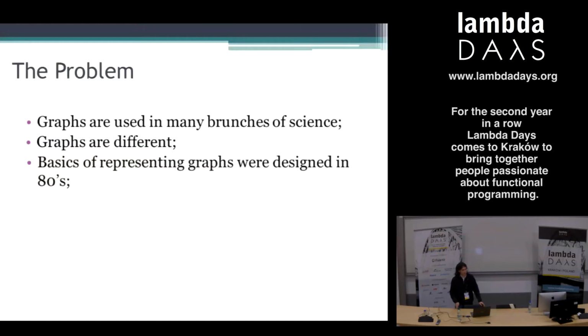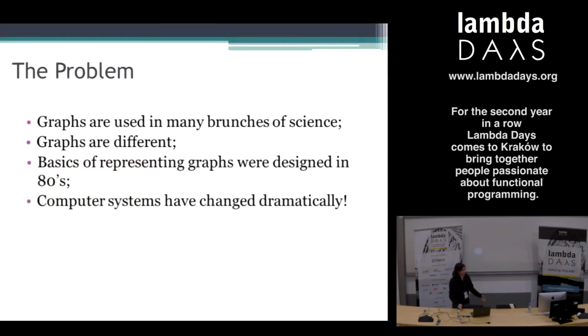You have some techniques like PGAS, but it's really hard to distribute such a model. Computer systems have changed dramatically over 30 years, and that's why I think that current models based on that model, on passive data structures, are very inefficient for now.